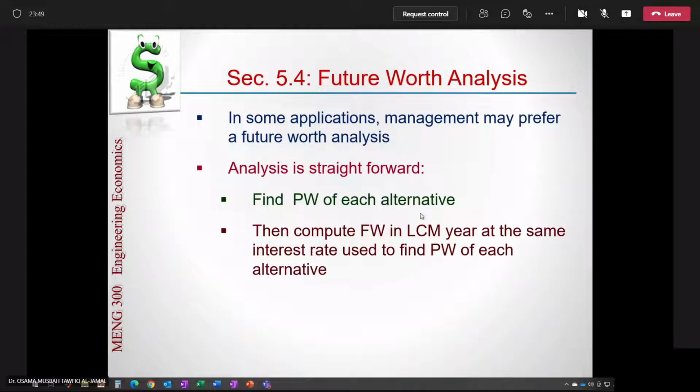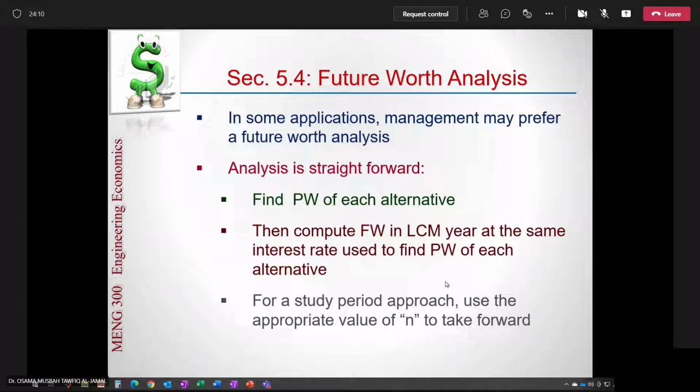Find the present worth of each alternative, then you can compute the future worth and LCM year at the same interest rate used to find the present worth of each alternative. Then the first type, which I told you can use by having one extra factor.